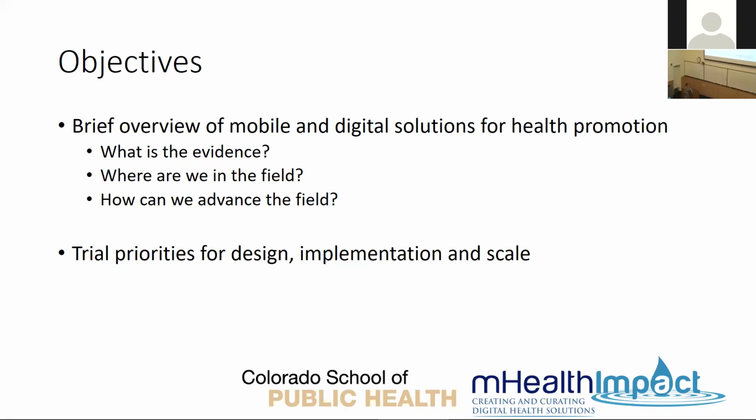So I want to talk about what the evidence is, where we are in using mobile and digital solutions for health promotion and disease self-management and decision aids, for example, where we are in the field and what we need to be doing to advance the field. And then some trial priorities for design, implementation, and scale.